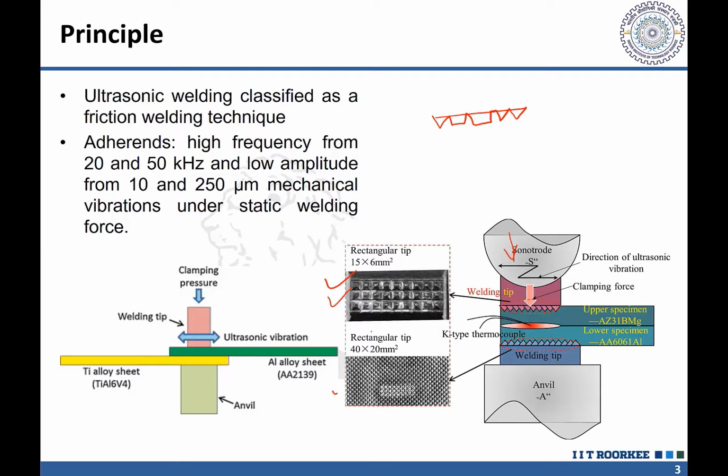Just as an example, it has been shown here, and when sufficient heat is generated at the interface through the application of the vibrations, you may get localized melting near the surface layers or significant thermal softening. The combination of the normal load coupled with the shearing movement leads to, let's say, the surface of one side getting softened.